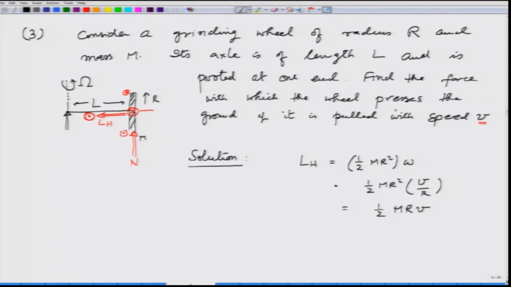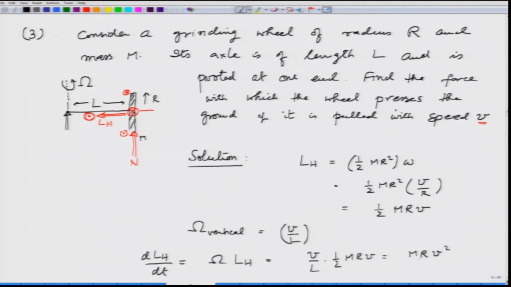This omega vertical is nothing but the speed of the center of the wheel divided by L. So, this is going to be v over L, and therefore, dLH by dt is going to be omega times LH, which is nothing but v over L times 1/2 mrv, which is mrv square over 2L.